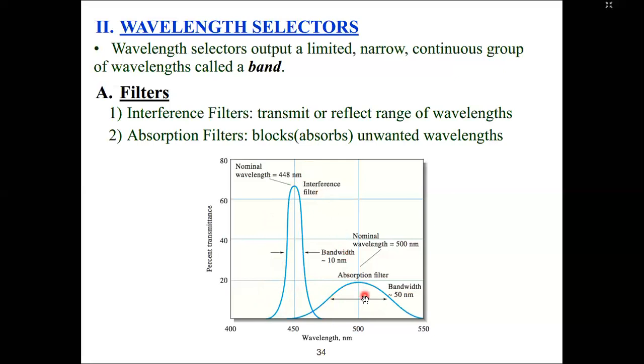So if you compare these two, the interference filter is better than the absorption filter, which also means that the interference filter is more expensive than the absorption filter. So depending on your desire in the chemical analysis, you have to choose which type of filter you want to use. Like I have discussed on selecting the analytical method, here also you have to select which filters you want to use.